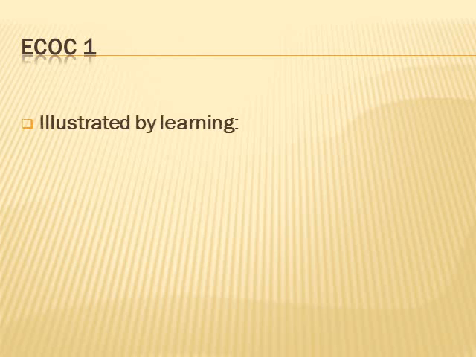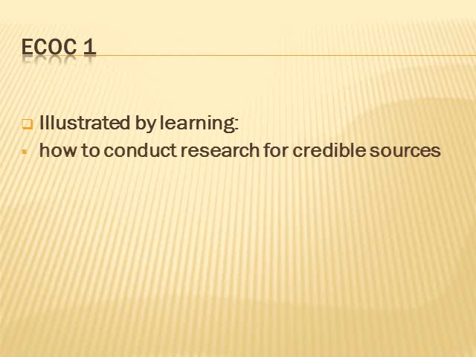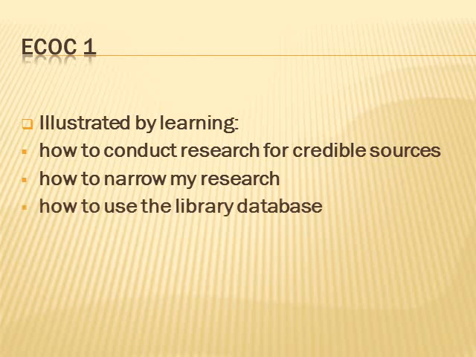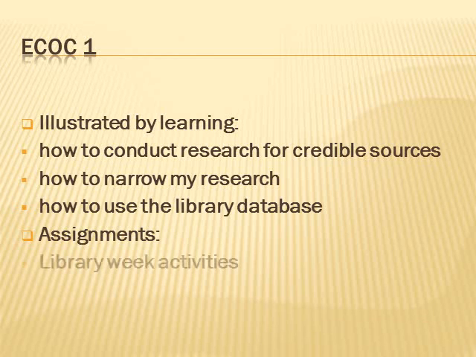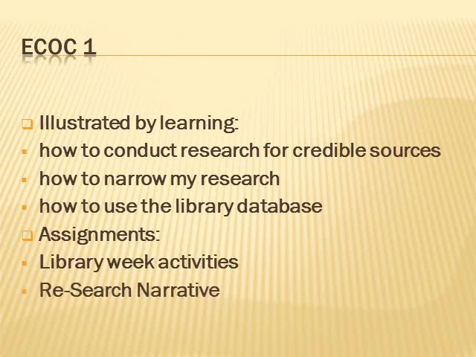I illustrated this by learning how to conduct research for credible sources, how to narrow my research, how to use the library database. I did this through the assignments, library week activities, where we learned how to use the library and search for our research, and we were quizzed over that, and the research narrative, where we wrote about what our research process was.